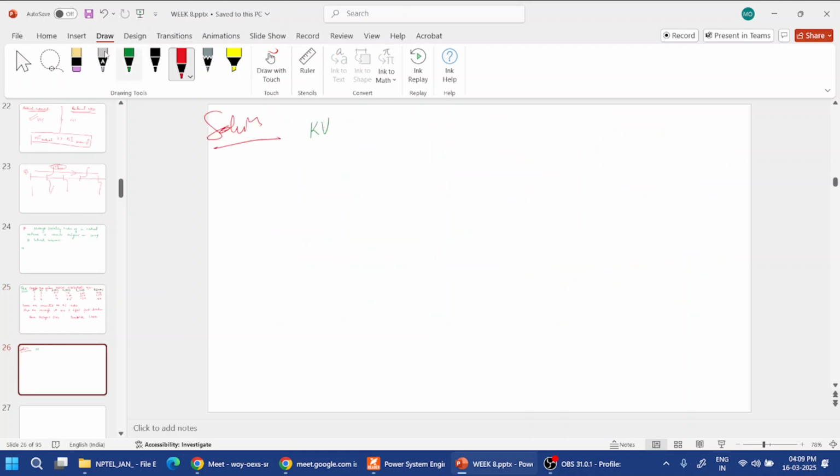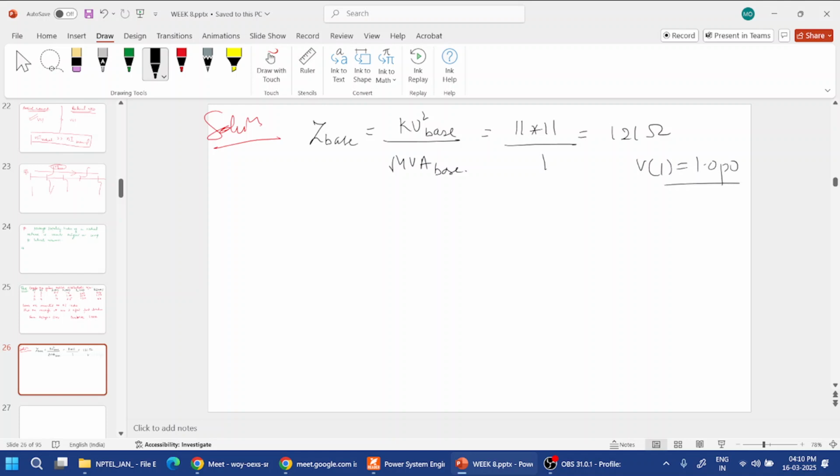Let's solve this question. Z base is, as we know, kV base squared divided by MVA base. Here 11 into 11 divided by 1 comes out to be 121, which is the Z base, and the initial voltage is given as 1.01 per unit.